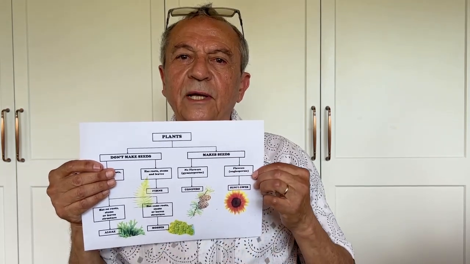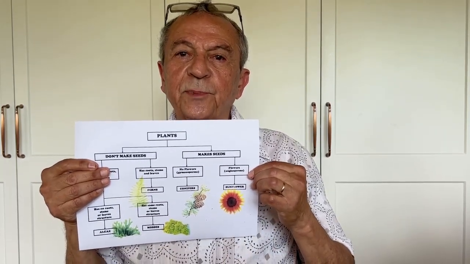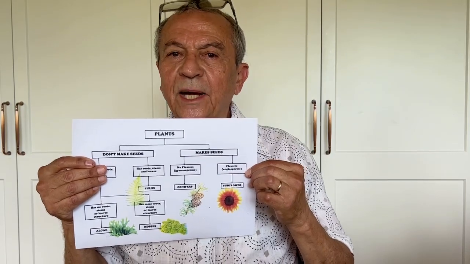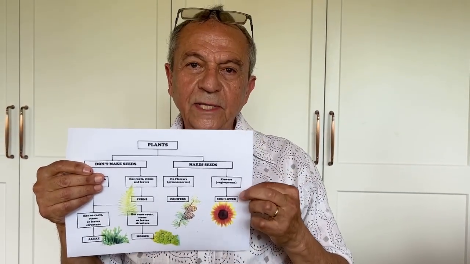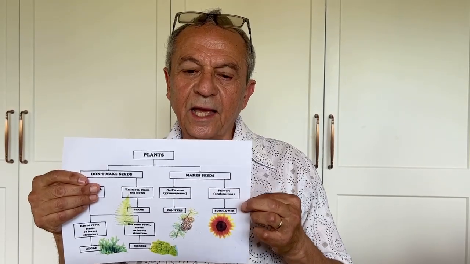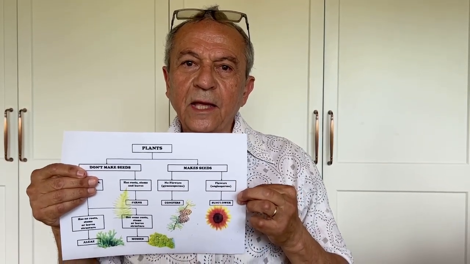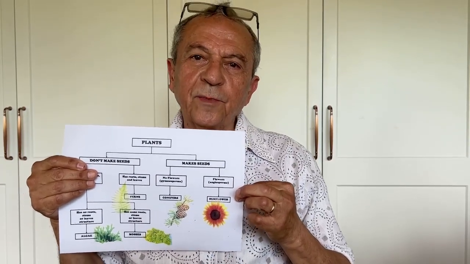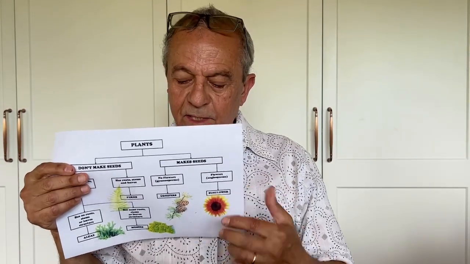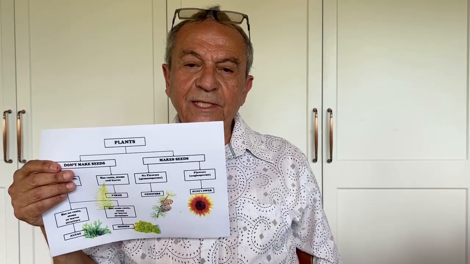The non-flowering ones are referred to as the gymnosperms, and these are like pines, cedars, this kind of thing. And the flowering ones are referred to as the angiosperms. Now, the angiosperms are again subdivided into two major classifications: the monocotyledonous or the dicotyledonous. Now, what does that mean?